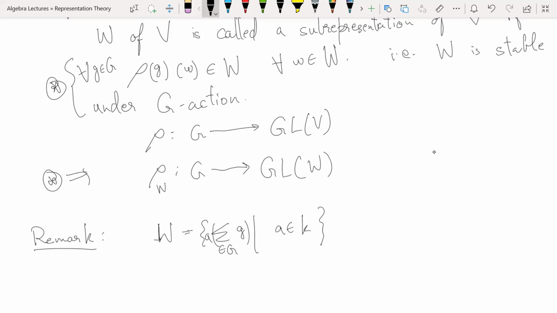You're just taking the subspace generated by the sum of all the elements of G.